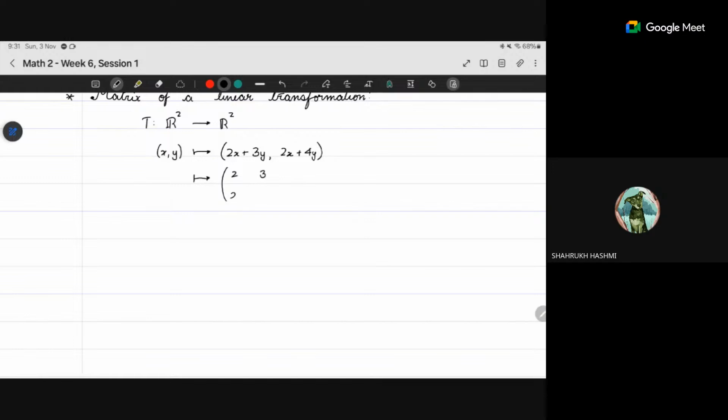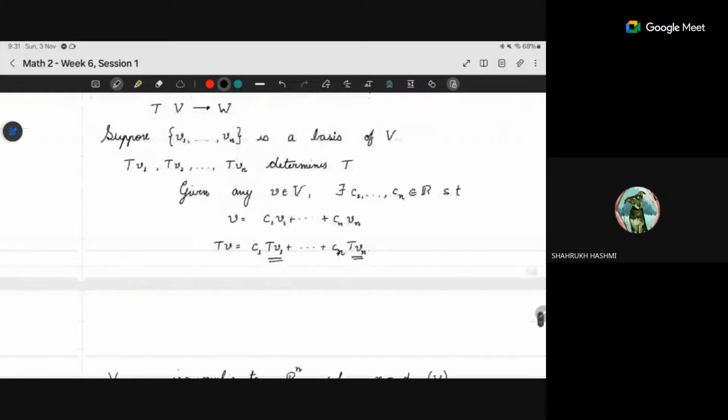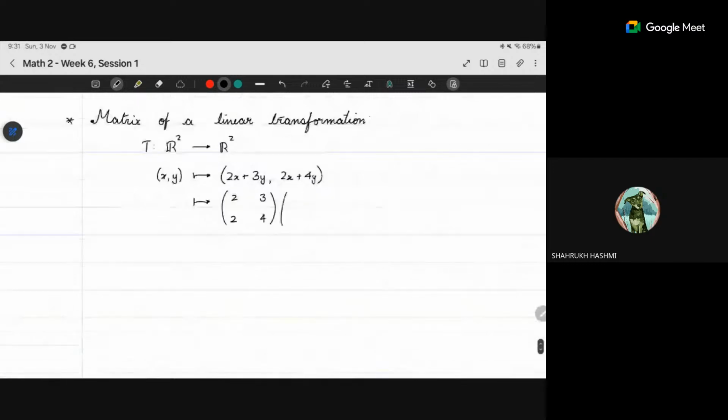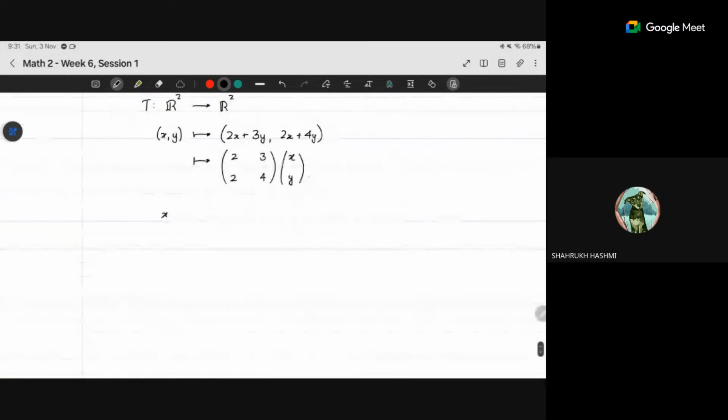Earlier, had I written something wrong? No, it was correct. So I can write this as this, right? It's just a matrix times the vector. So this linear transformation is of the form A times this vector. What is A? We'll see.